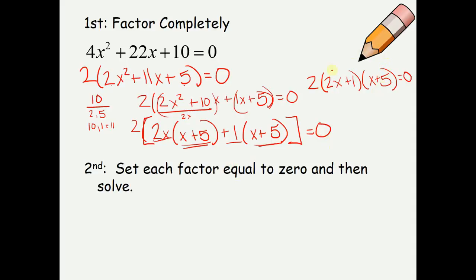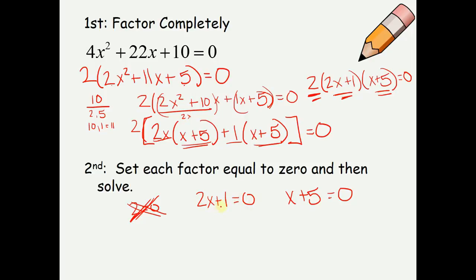Now what you're going to do is set each factor equal to 0. So 2 has to equal 0, 2x plus 1 has to equal 0, and x plus 5 has to equal 0. Well, 2 never equals 0, so we don't have to worry about that factor. It's just kind of an extra piece in there.